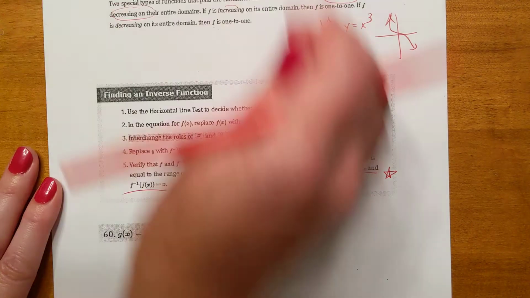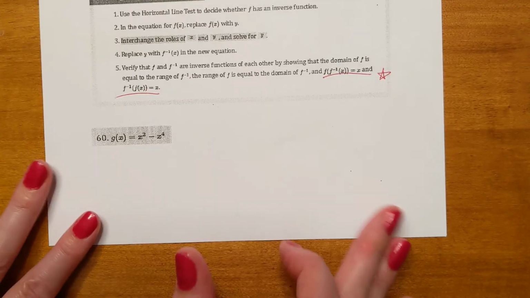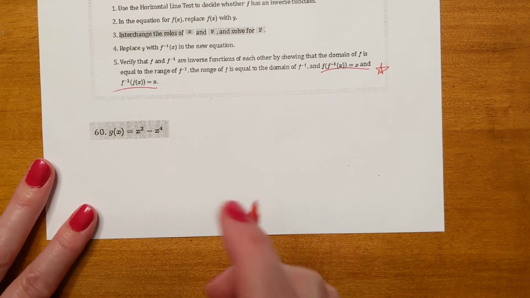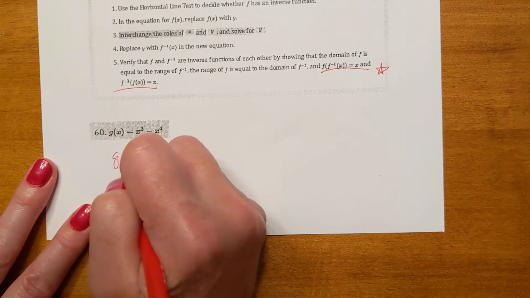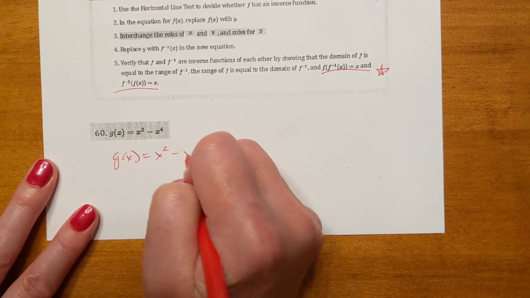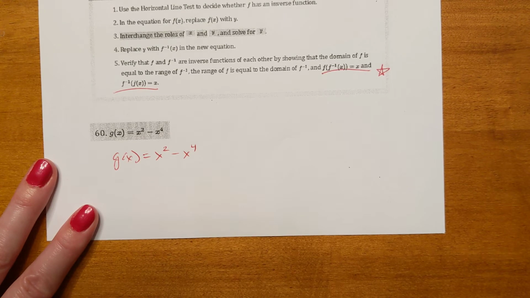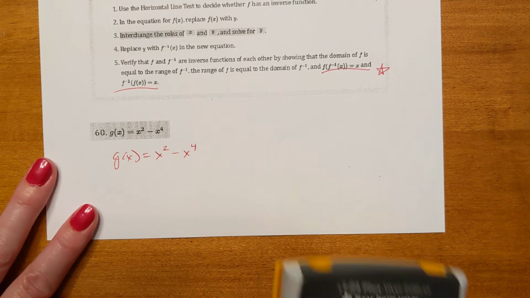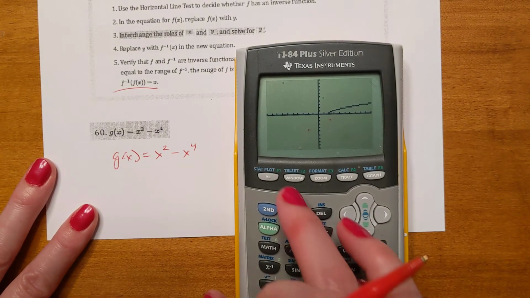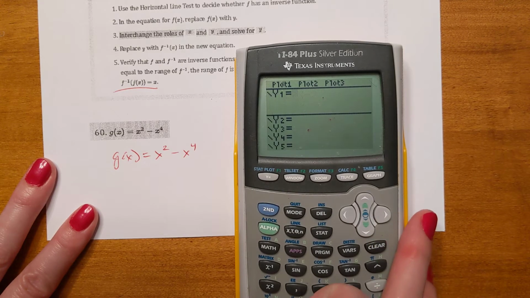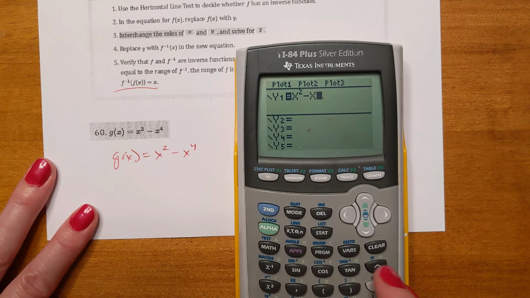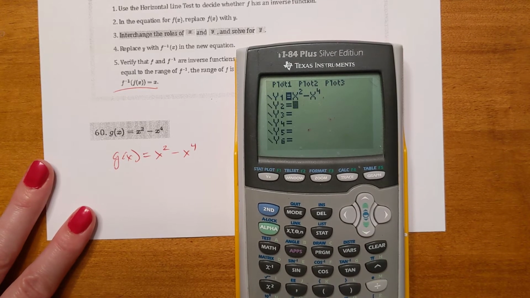All right, the very first one down here: g of x equals x squared minus x to the fourth. It's kind of hard to read. First thing we have to do is see whether it passes the horizontal line test. So turn on your calculator, clear out what's in there, enter x squared minus x to the fourth, and hit graph.